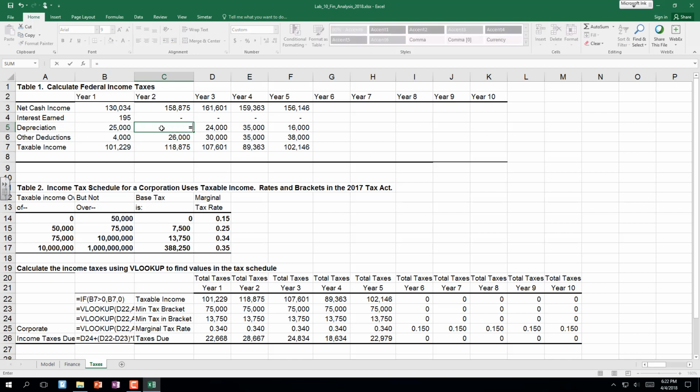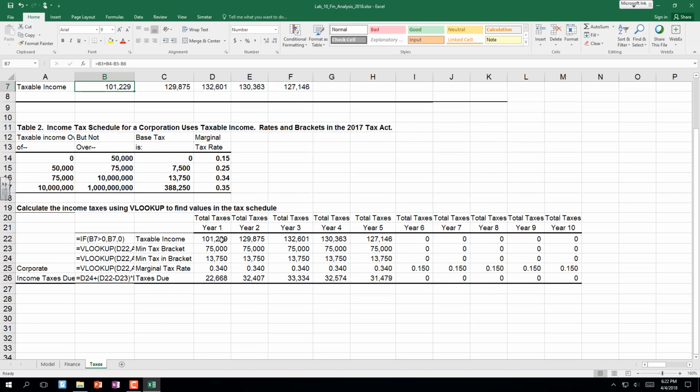Then I'm going to tell these numbers here, year 2's numbers equal to year 1's number. Like that. And what it's done is calculated my taxable income here. It ran that taxable income through a monster VLOOKUP table here, and it calculated the income taxes due in row 26.